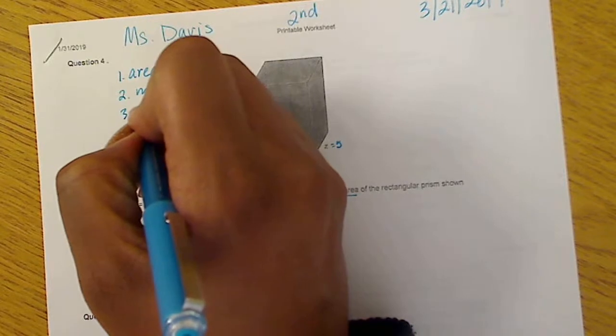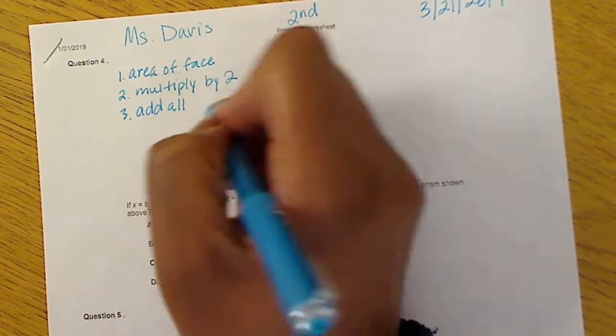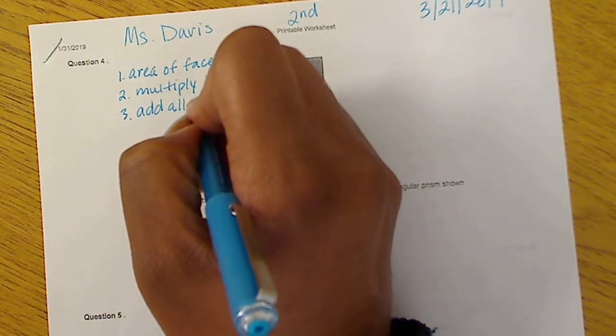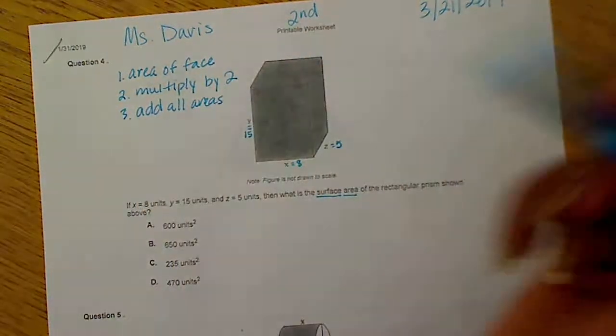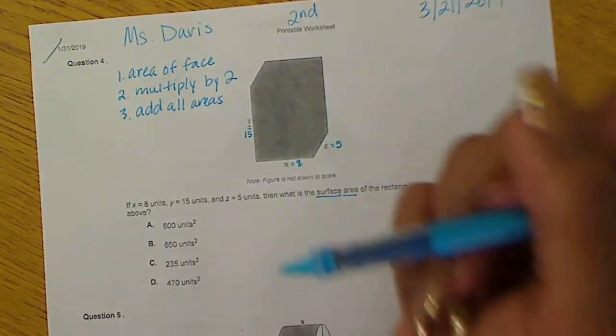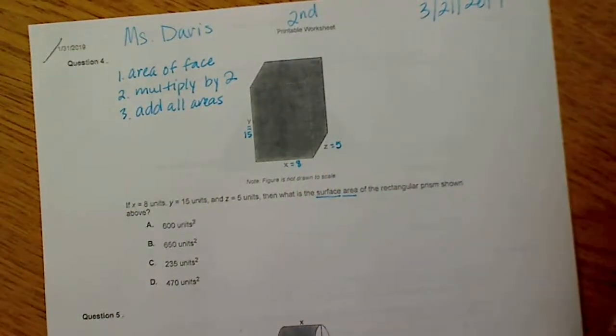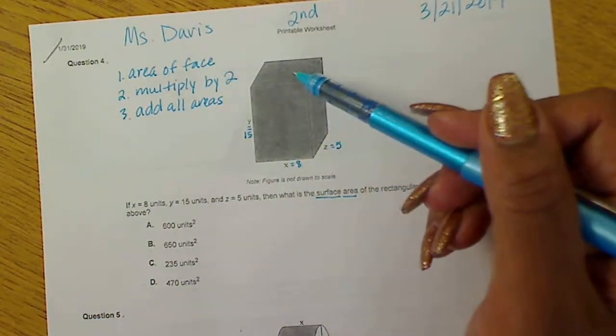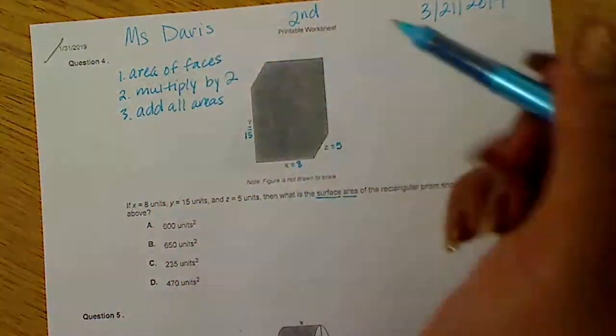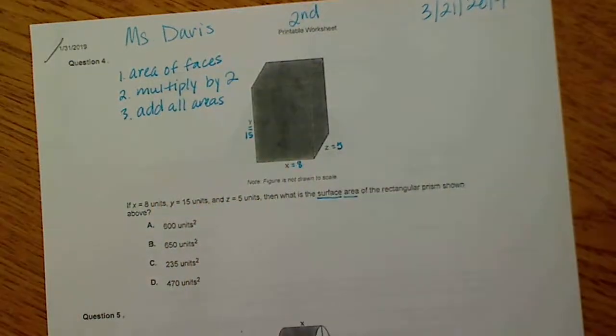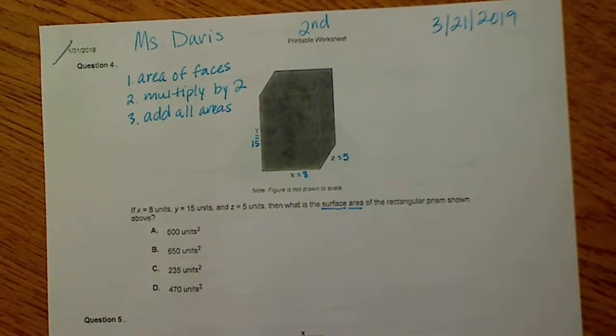And then we're going to add all the areas. We're going to find the area of this face, and that face, multiply them by 2, and add them up. Area of face, multiply by 2, and add up all the areas. I'll give you a few seconds to jot that down.